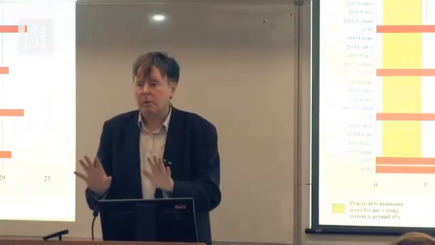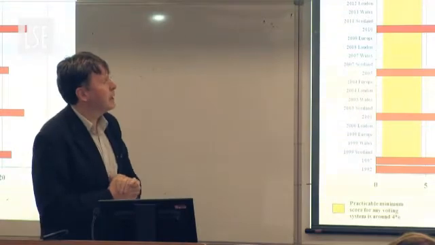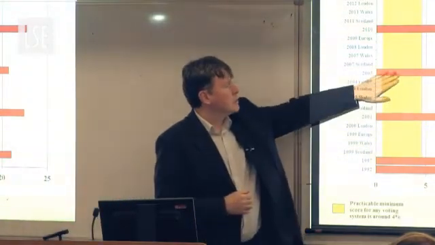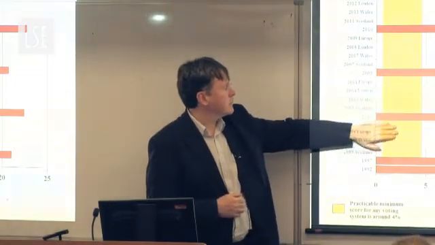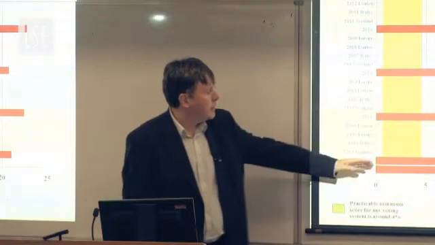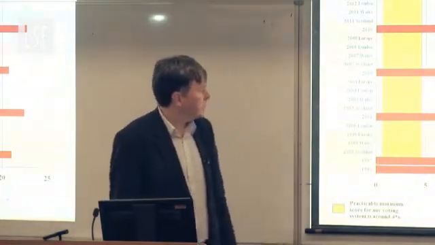Now, we may want to defend that, but that's essentially what the system is doing, and it does it very consistently. So the proportion was 21% in 2005, it was 22% in 2001, 21% in 1997, 17% in 1992.